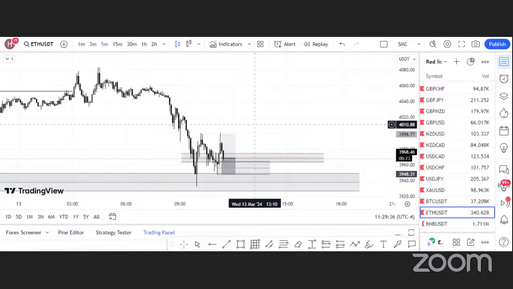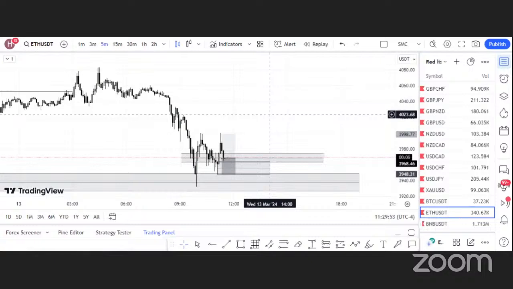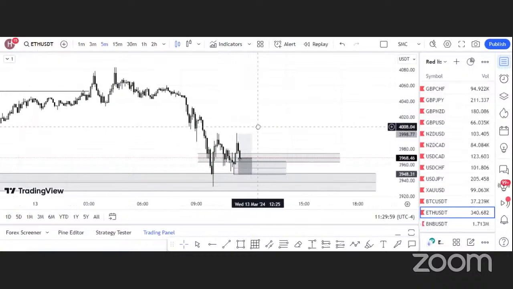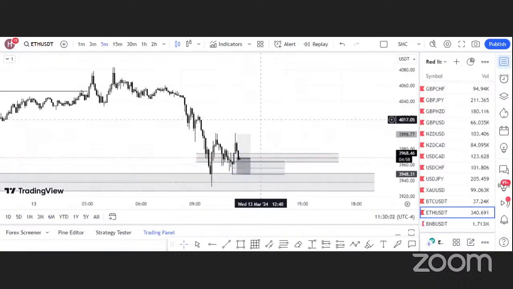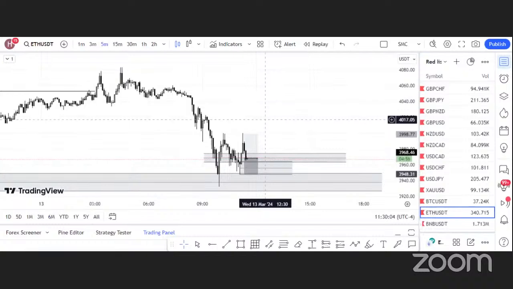So the market is currently rejecting the fair value gap zone. And if you took the trade immediately I said buy, you should be seeing profit by now. Okay, another drawdown.